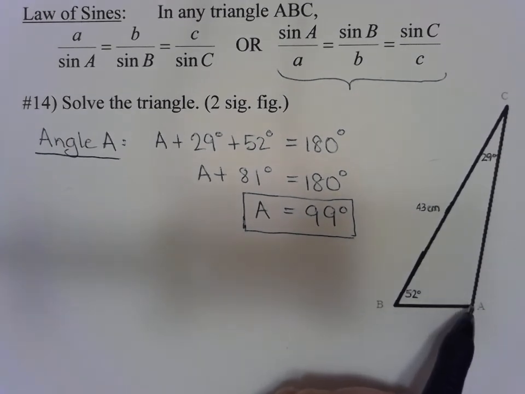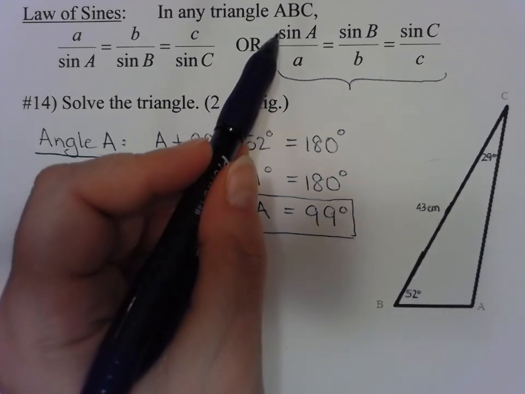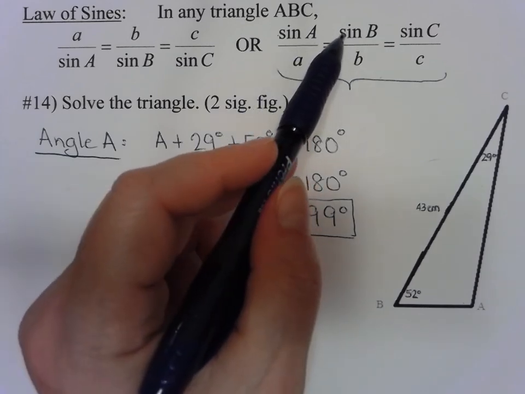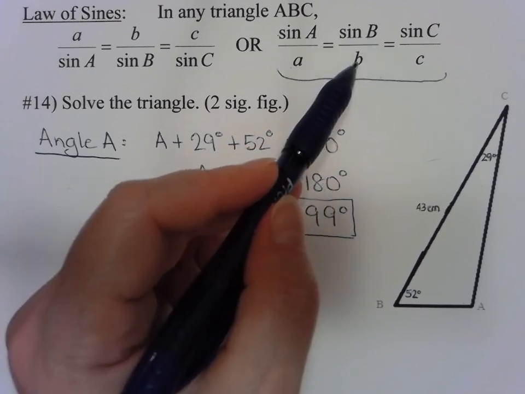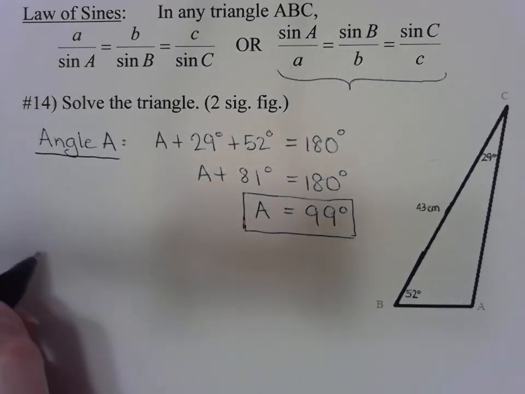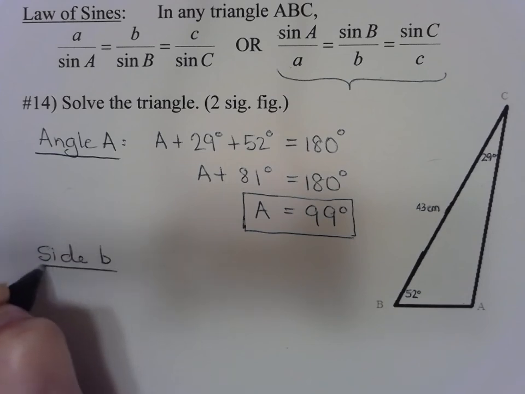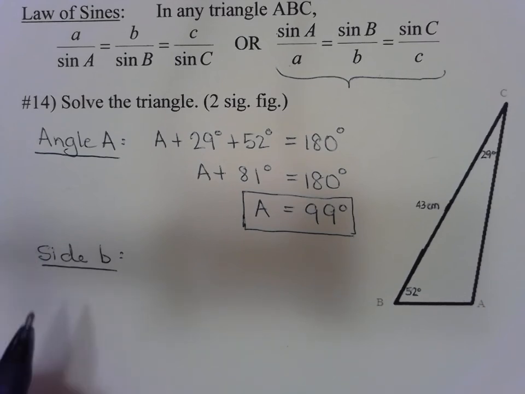Now we're going to need to use the law of sines. So now I have angle A, and I have the side opposite. So I can do the sine of A over a. I'll just go ahead and use B for right now, since that comes next. I have the angle B, I just need to find the side length b. So I'm going to use the law of sines to do that.